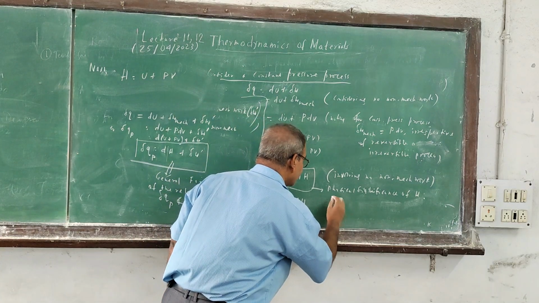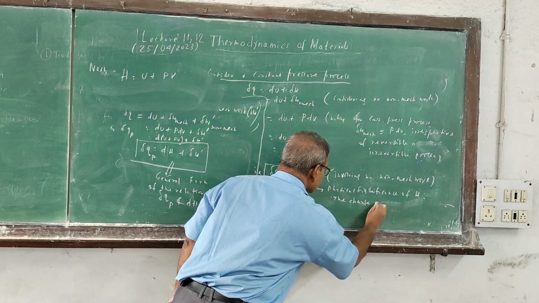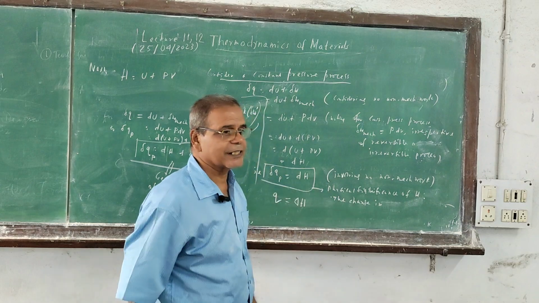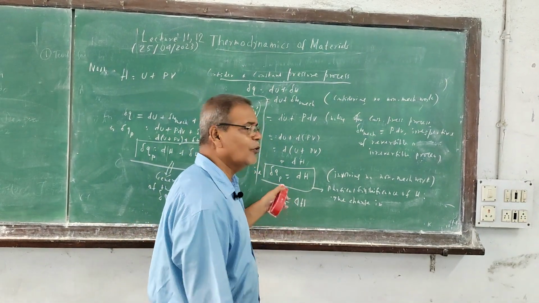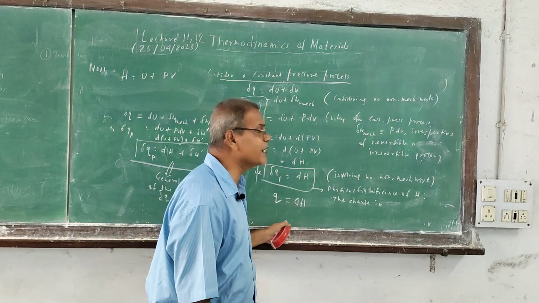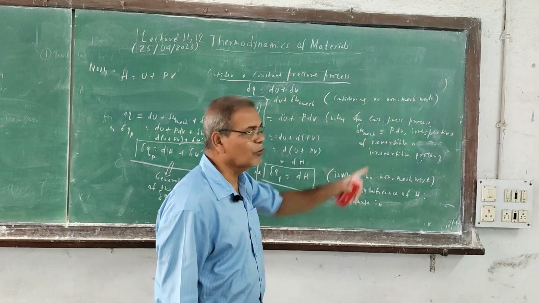The change in enthalpy is such a function that its change is equal to the heat interaction, if the process is a constant pressure process and there is no non-mechanical work.